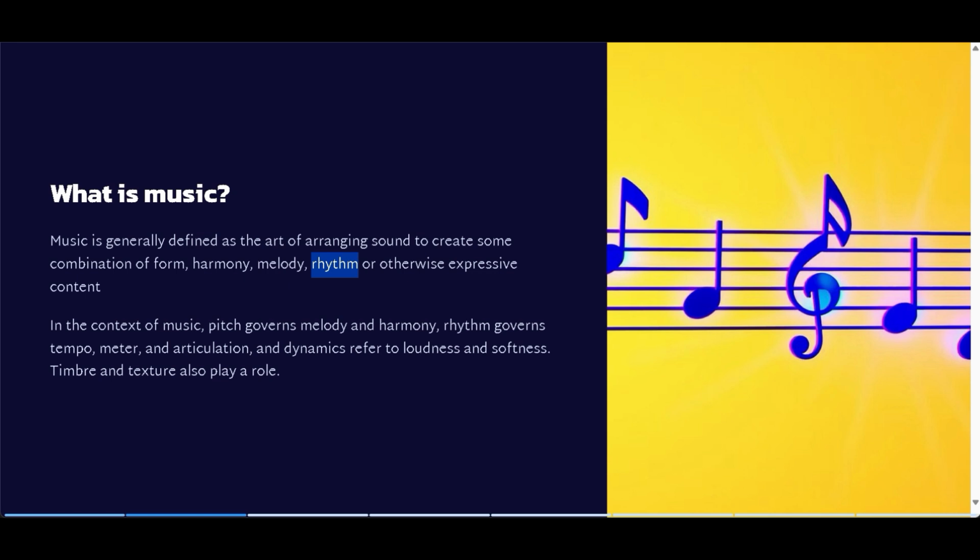So in the context of music, pitch governs melody and harmony. I'll tell you what pitch is in the next lesson. Then rhythm governs tempo, meter, and articulation. Dynamics refers to loudness and softness.